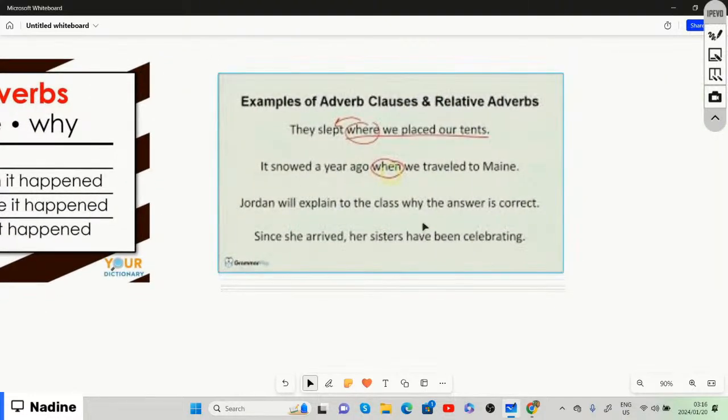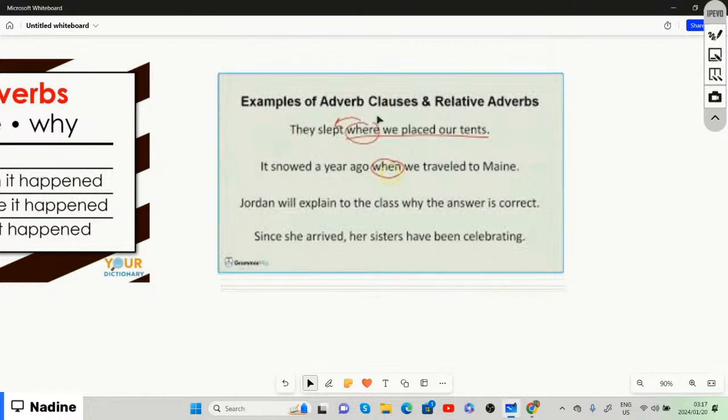And if we look at an example, it says, they slept where we placed our things.